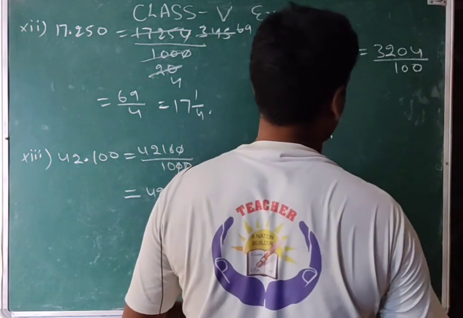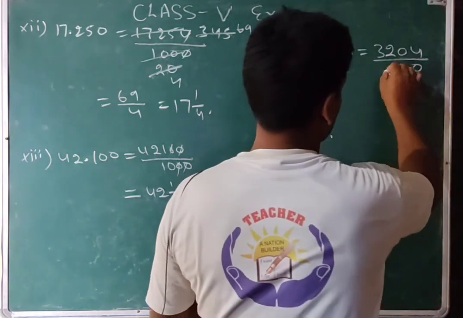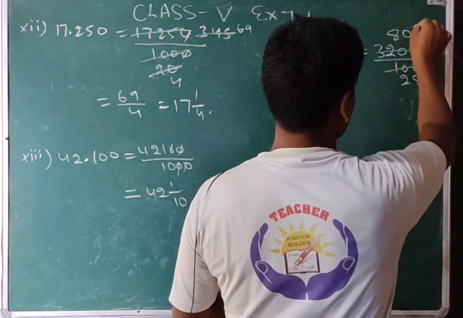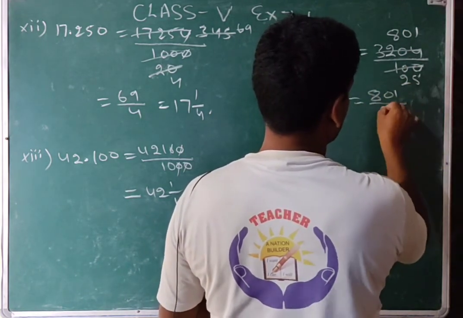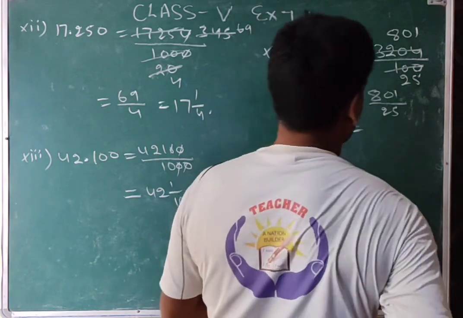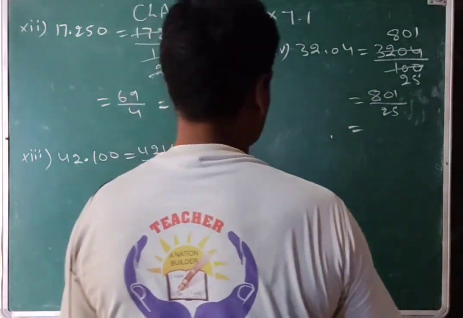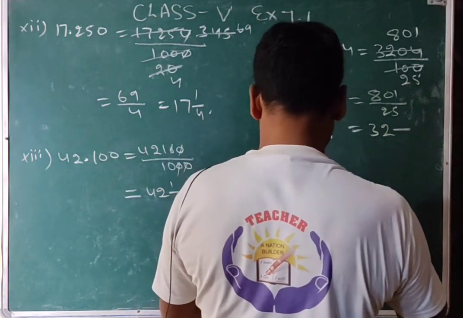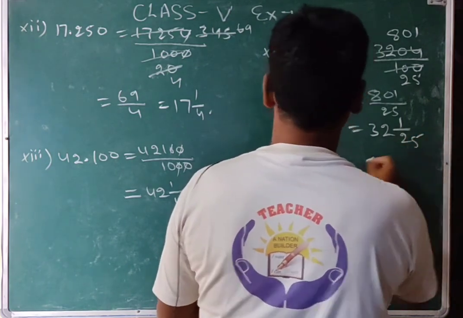That will be cancelled by 4. 4 25s are 100, 4 8s are 32, 04 is 1 by 4. So we will write directly in mixed fraction now. That will be 25, 3 25s are 75, then 2 is left, so 32 whole 1 upon 25.